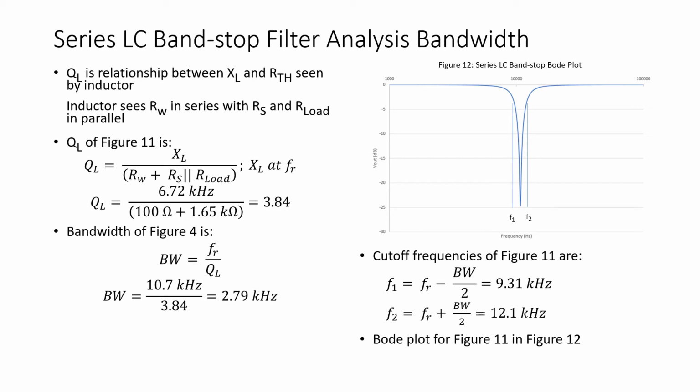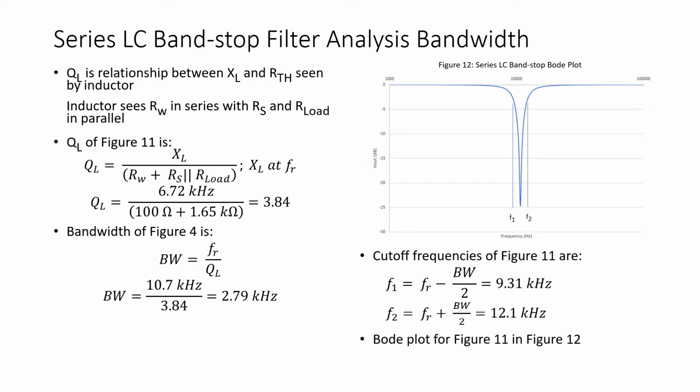And the lower and upper cutoff frequencies are calculated at 9.31 kilohertz and 12.1 kilohertz as shown in figure 12 in the Bode plot. Now I do want to point out here the depth of what we call the notch in this circuit.